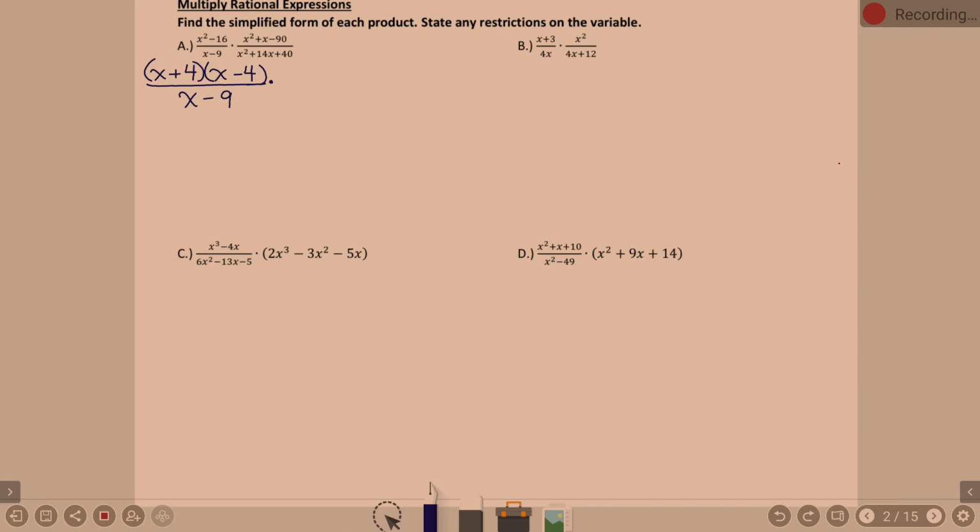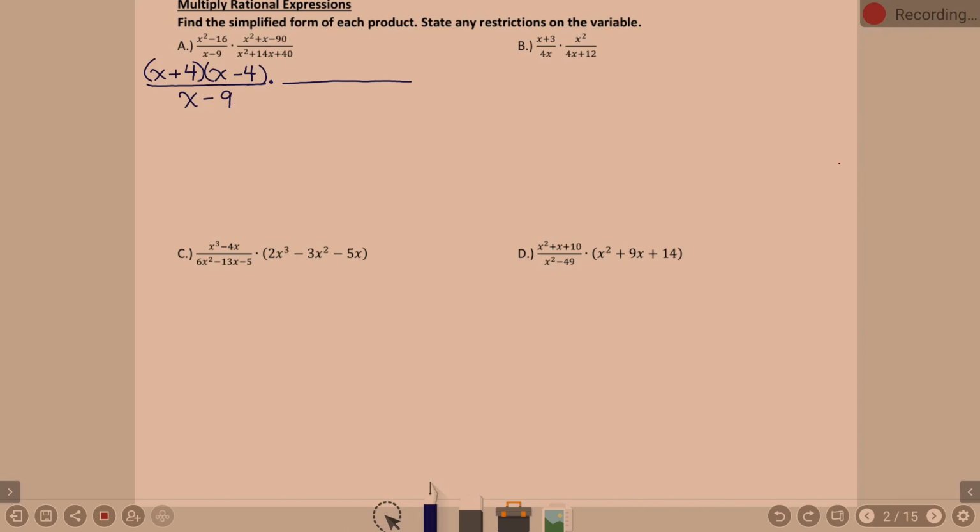Okay. Second fraction. X squared plus x minus 90. Always do a mental check: do you see any GCFs? No. And they can factor all of them. So if you had to guess, what are you expecting we're going to be doing? Factoring into two parentheses. That would be your expectation.